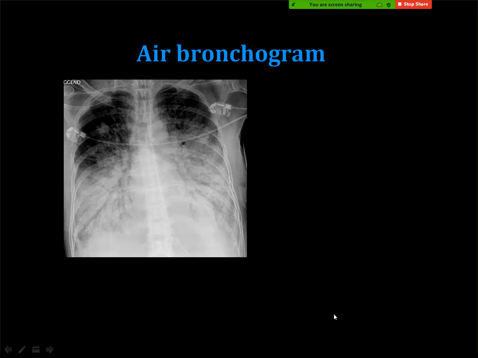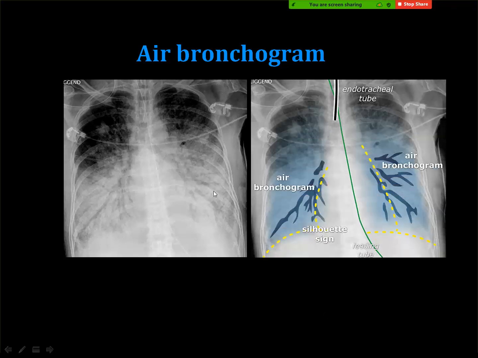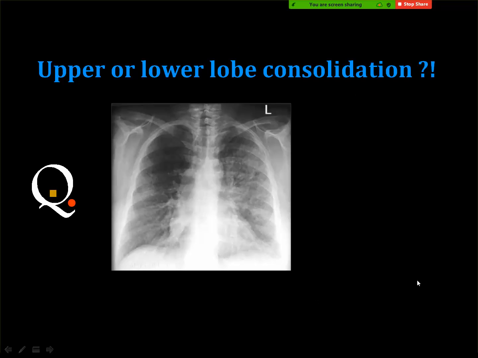The main diagnostic landmark of consolidation is air bronchogram. And the presence of air bronchogram indicates for sure that this is a consolidation in the lung. But if you look here, do you think that this lesion is in the upper lobe or in the lower lobe?